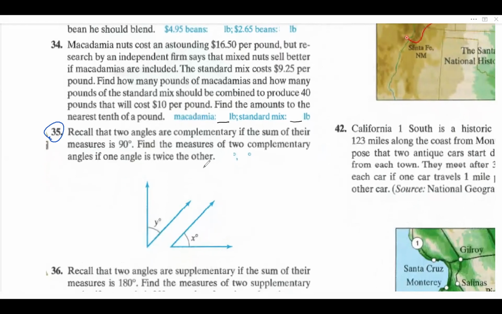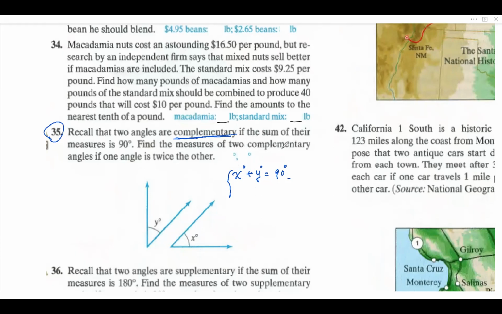So x plus y together will be 90, right? So they are complementary. If one angle plus the other angle equals 90 degrees, find the measure of the two complementary angles. So here is just one equation. We need to build another equation so we can find x and y, right?